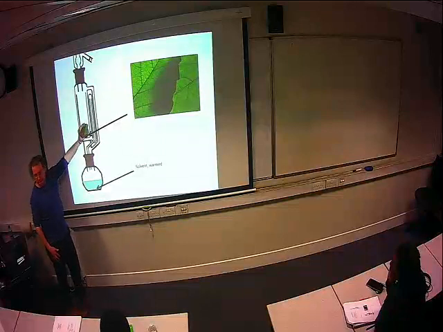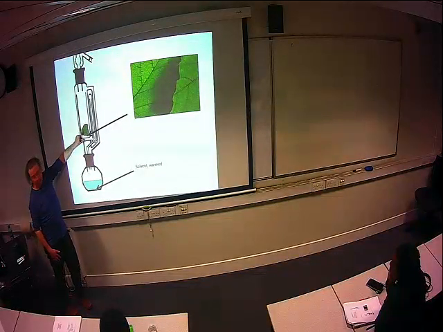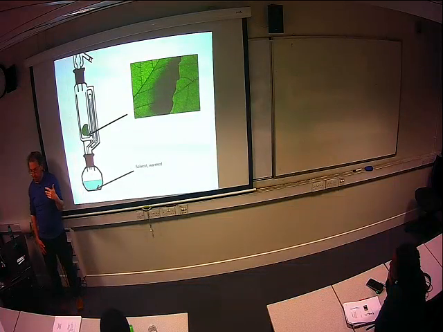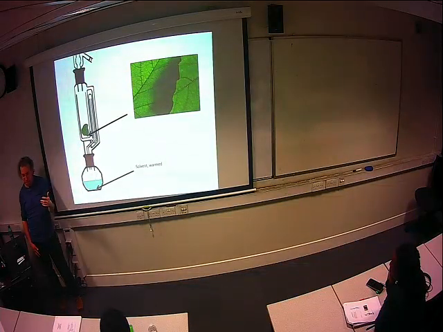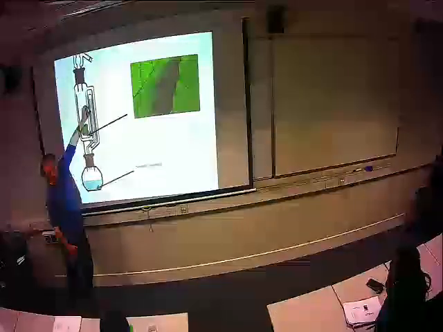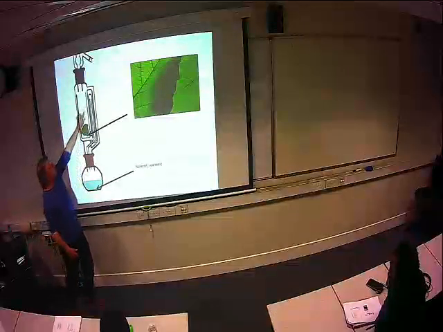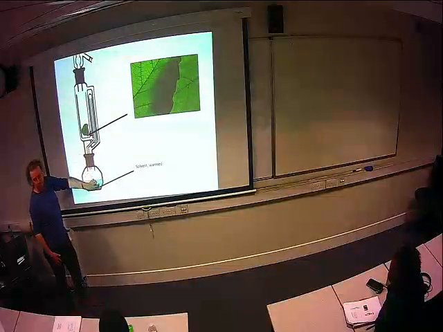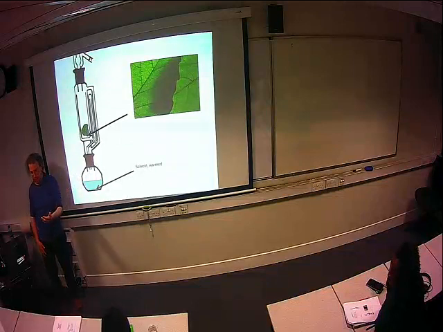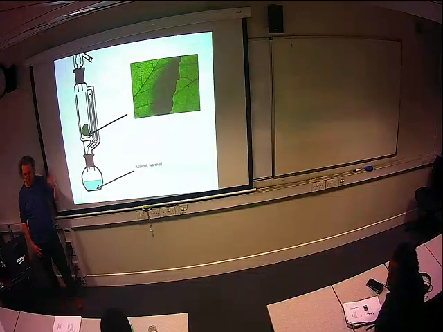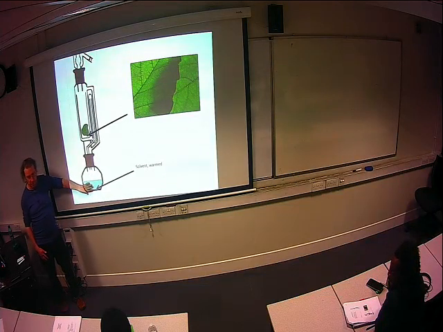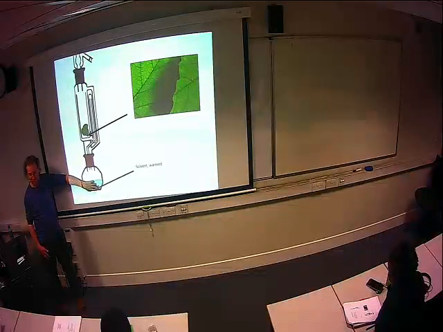But at that point, it has interacted with the solid sample. It's dissolved some of the material that we're trying to extract. So the extracted compounds are also dropping down into the flask here, but they're less volatile. So as we're evaporating the solvent, the dissolved material, the solute, gets trapped here.